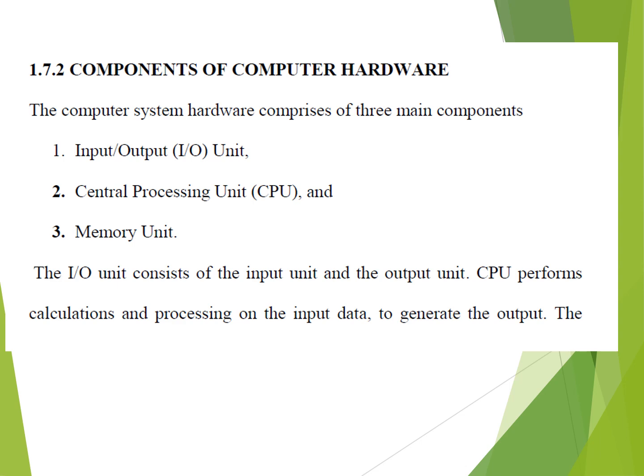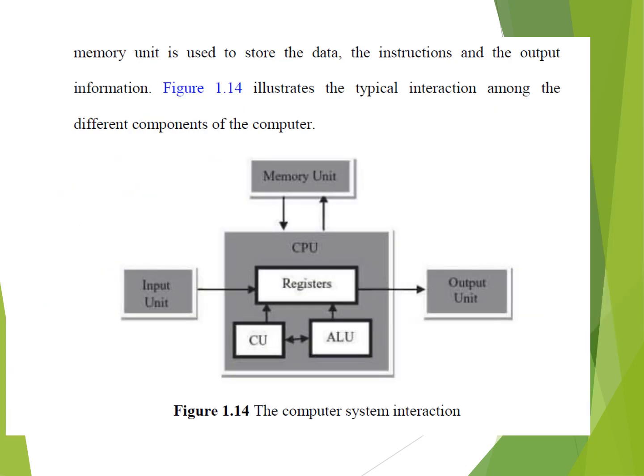The input and output unit consists of the input unit and the output unit. The CPU performs calculation and processing on the input data to generate the output. The memory unit is used to store the data, the instructions, and the output information.